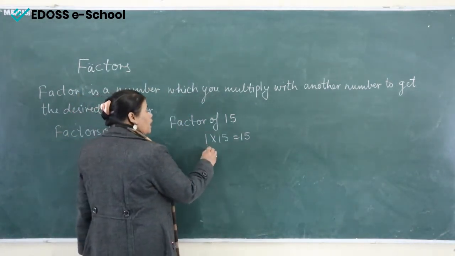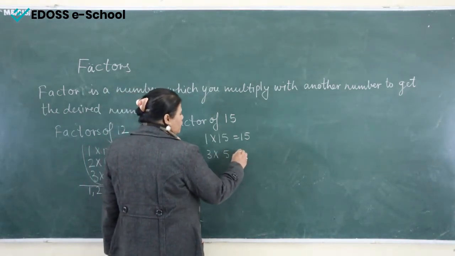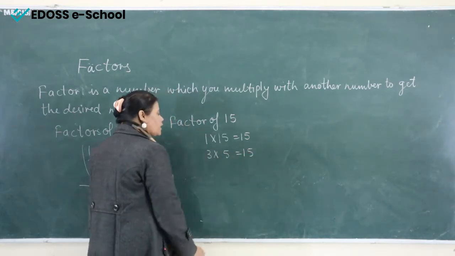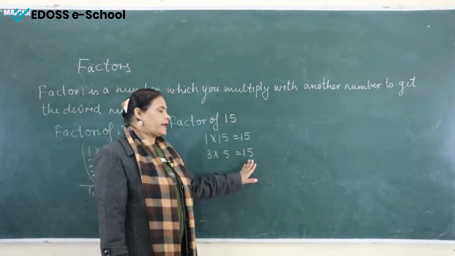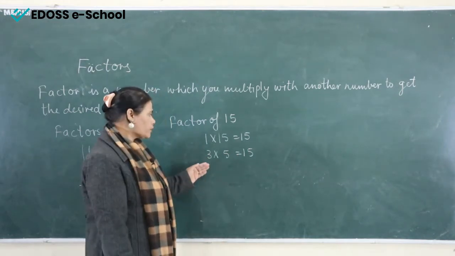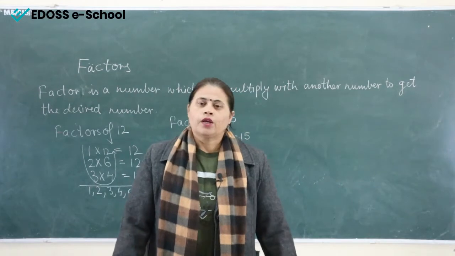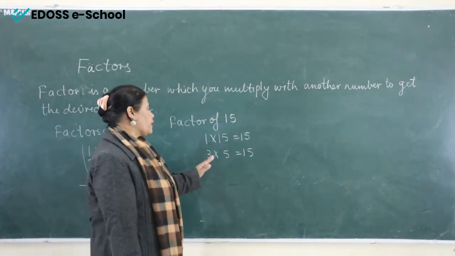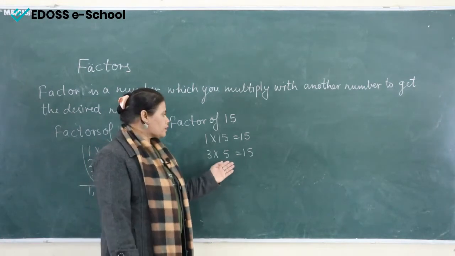In the table of 3, 3 fives are 15. So 3 is a number which is multiplied with another number, 5, and we get the desired number. After the 3 there will be a 4. In the table of 4, 15 will not come, so we will not write down the 4. Now the next number is 5, but 5 is already here.